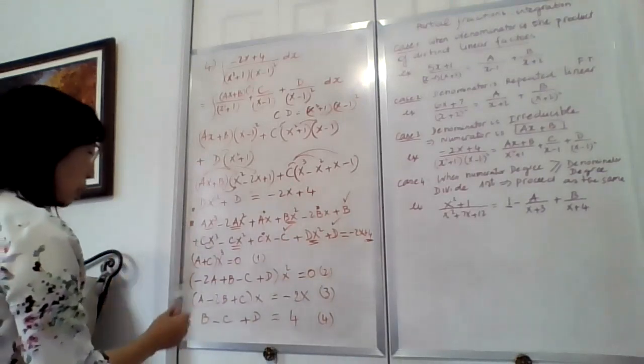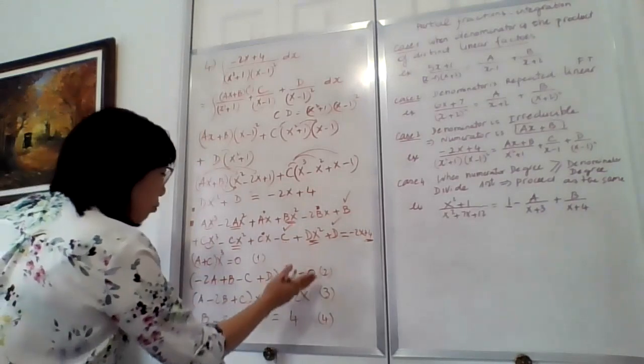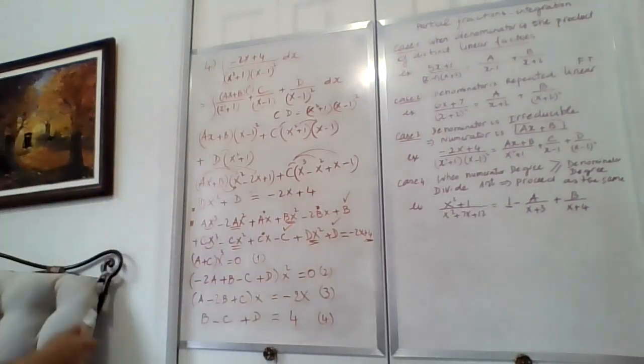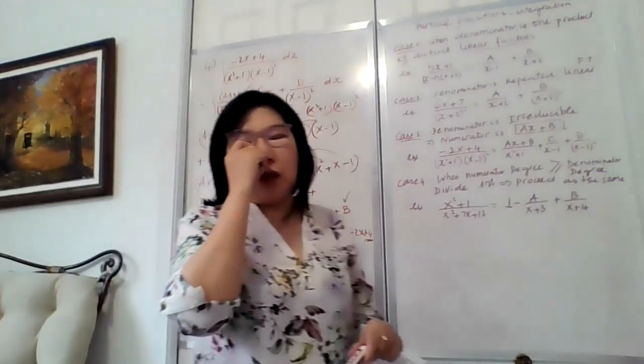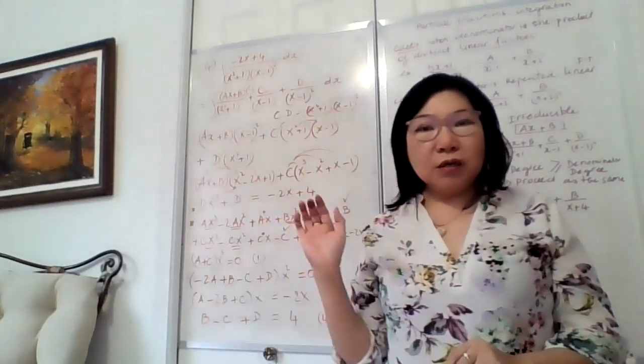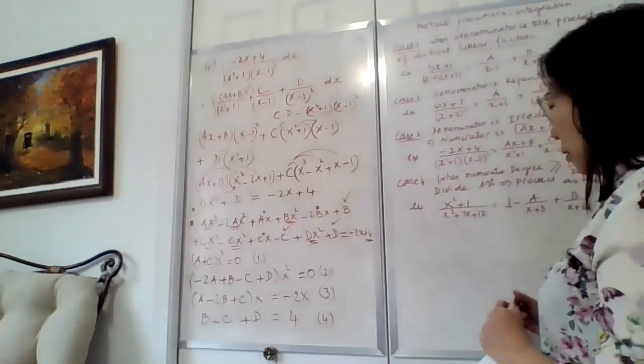So we have 4 unknowns, A, B, C, D, and we have 4 equations. As long as the number of unknown letters equals the number of equations, then we'll be able to solve for it, right? But it will be a little bit tougher.